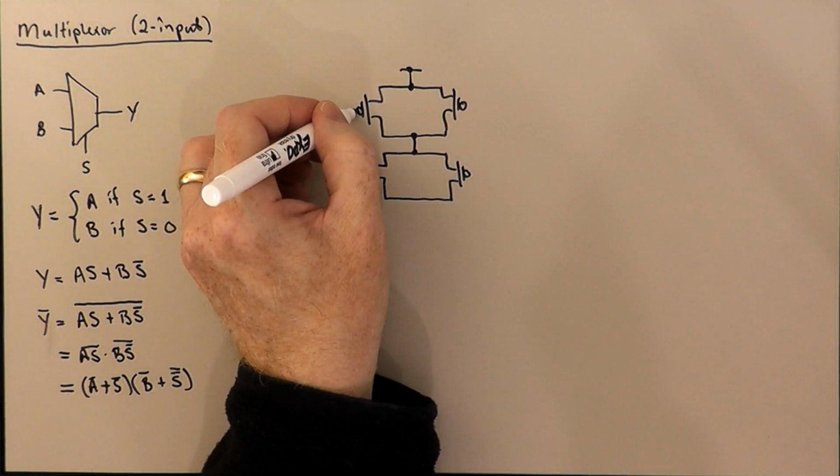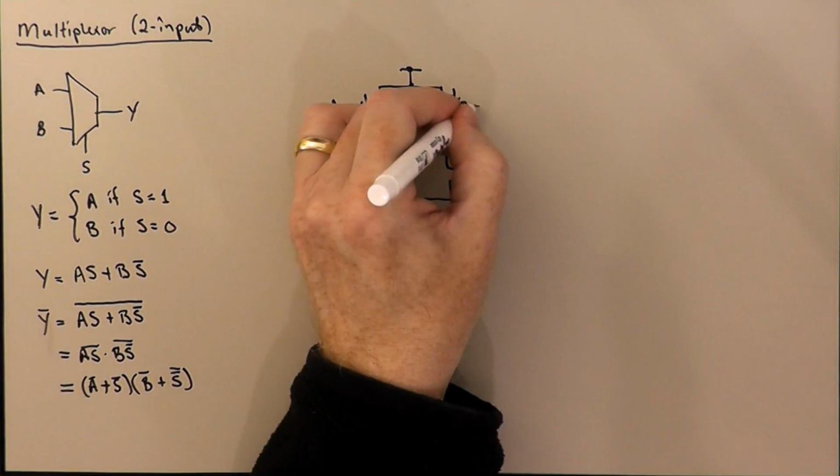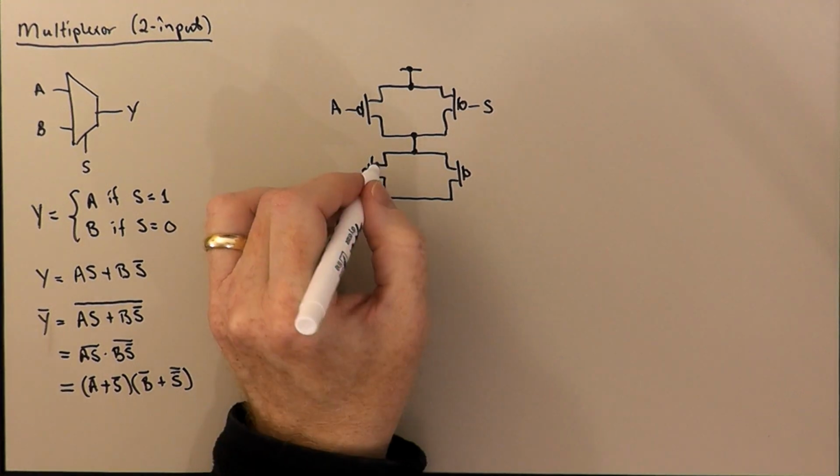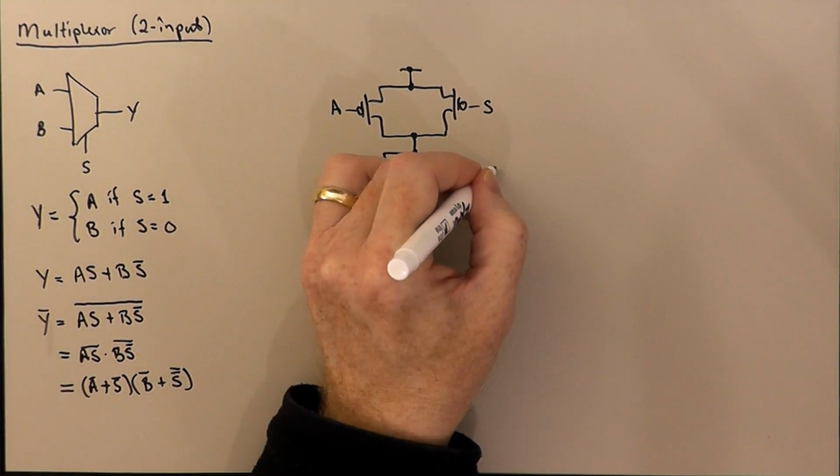Our first one will have maybe the A and the S. Down here we'll have the B and the S bar.